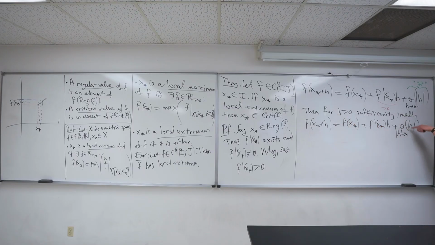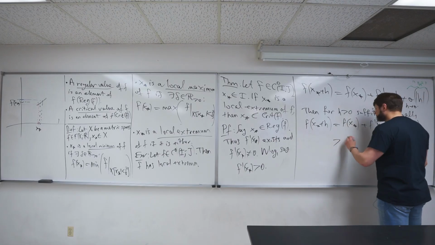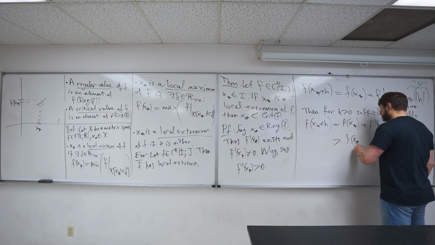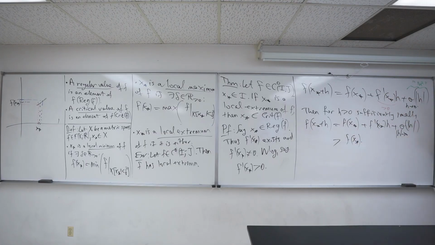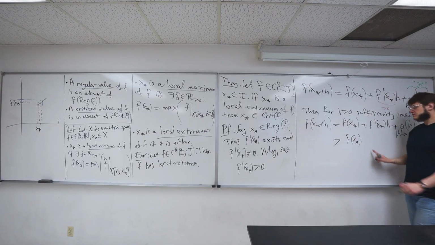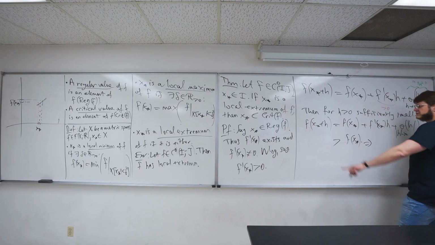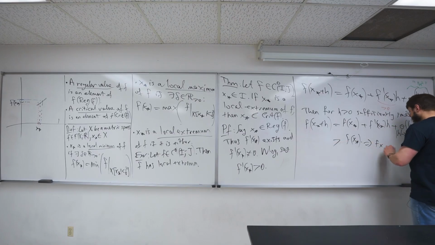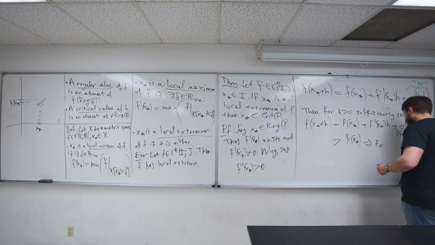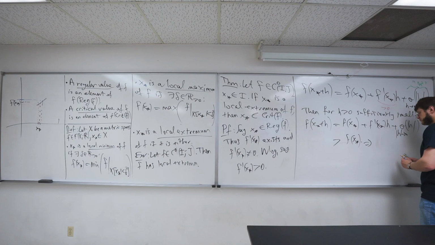And no matter what this guy is, the effect of this is always going to dominate this, which means that this is going to be strictly greater than f of x star. This concludes that x star cannot be a local max.